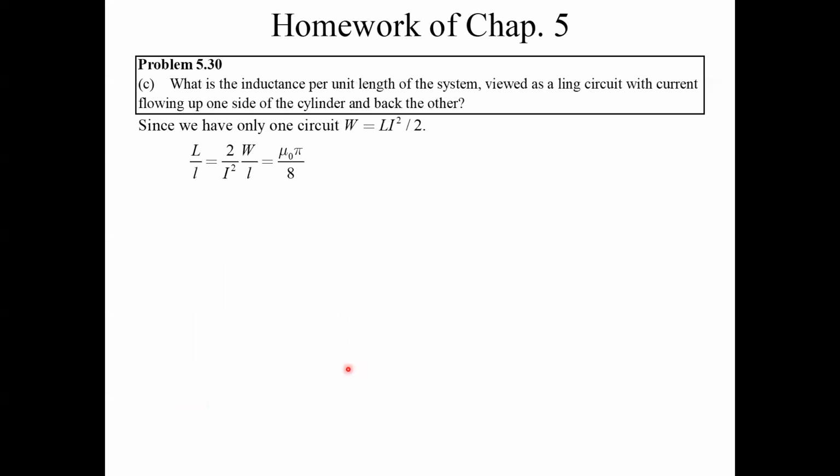And what is the inductance per unit length of the system? View it as a long circuit with current flowing up one side of the cylinder and back the other.